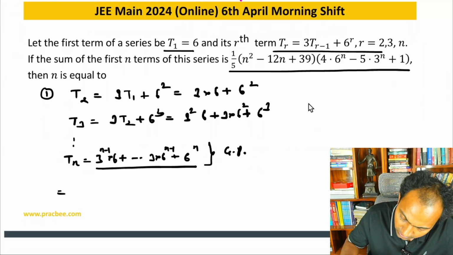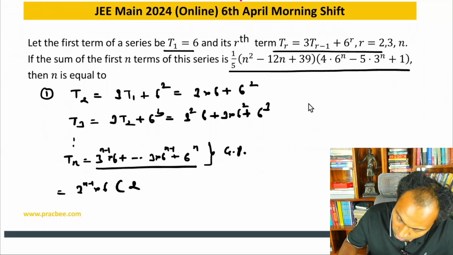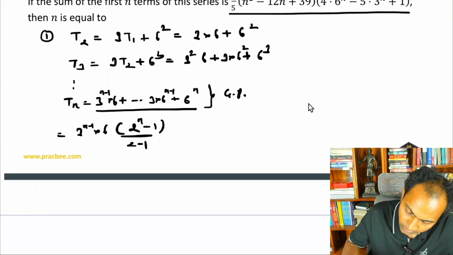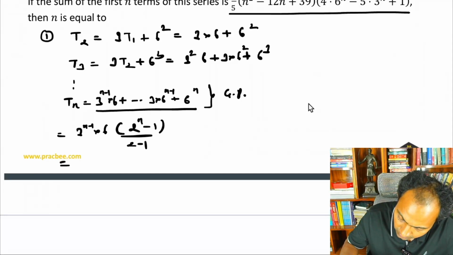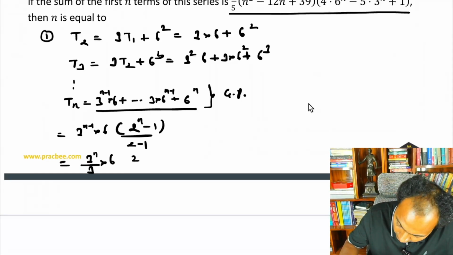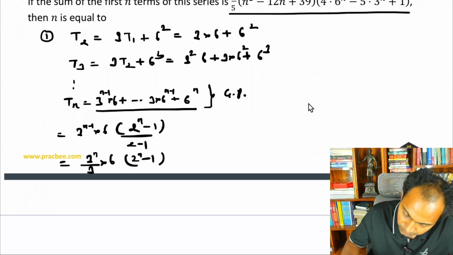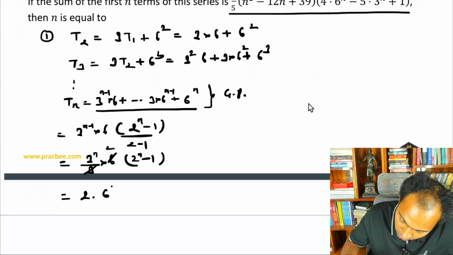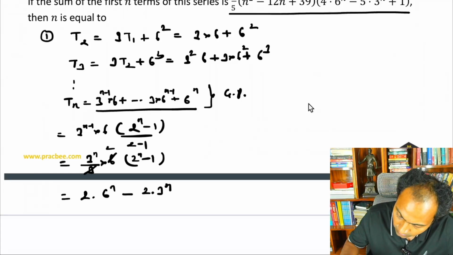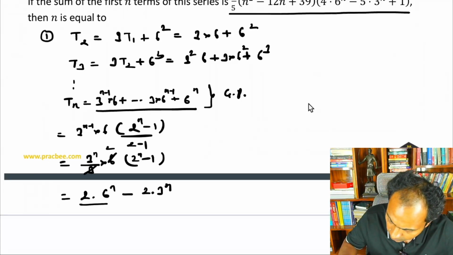The first term is 3 raised to the power n minus 1 into 6. The common ratio will become 2. So 2 raised to the power n minus 1 by 2 minus 1. If I simplify this, this would become nothing but 3 raised to the power n by 3 into 6, this will become 2 raised to the power n minus 1. If I multiply, this becomes 2 into 6 raised to the power n minus 2 into 3 raised to the power n. This is what we have got.